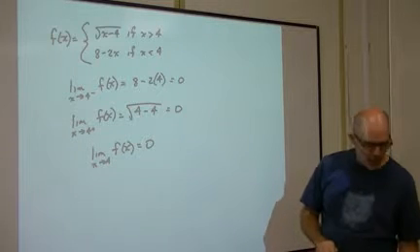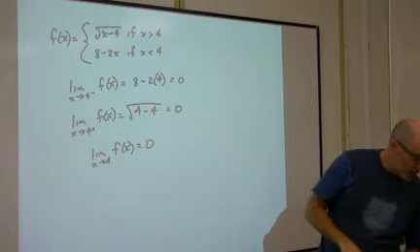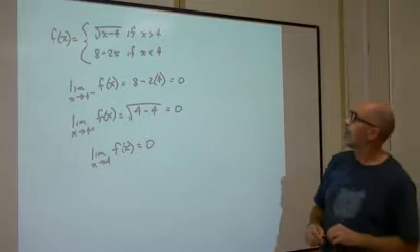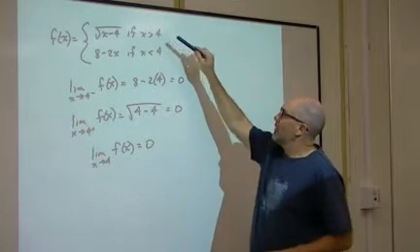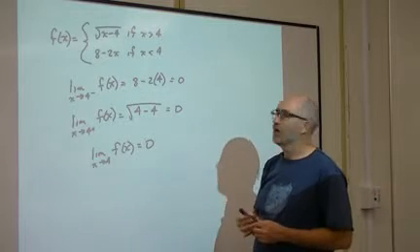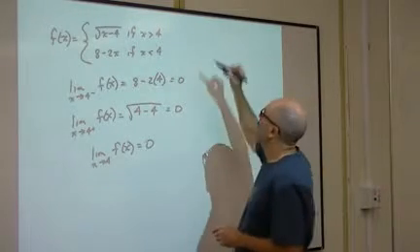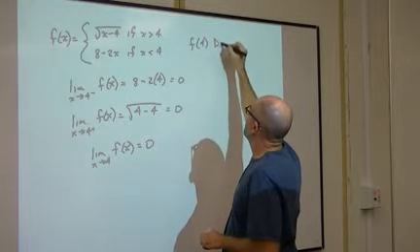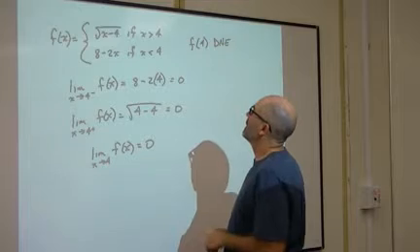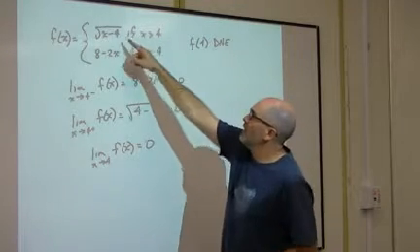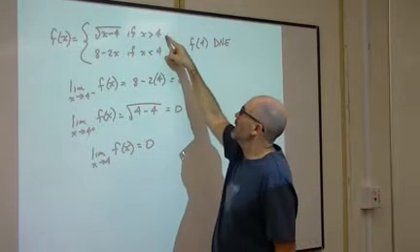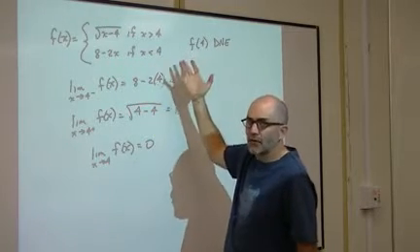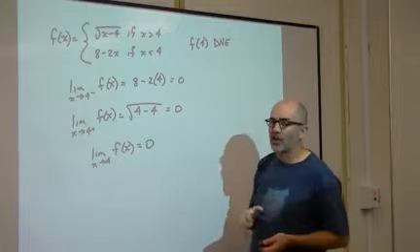Now, if you look at the graph on page 110, you can see that graphically. Notice, what is f of 4 here? f of 4 does not exist. Why? Because you've got the square root function for everything greater than 4, and the linear function for everything less than 4. But at 4, you have no definition at all.